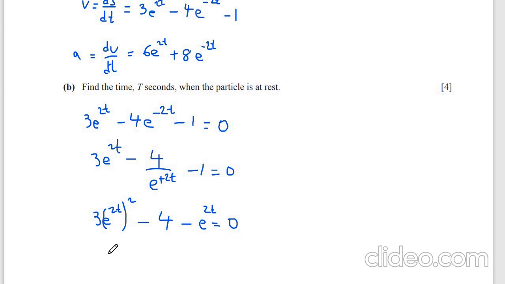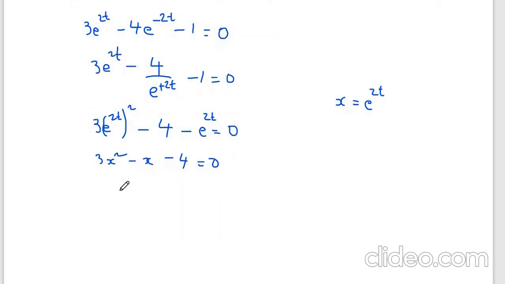So this looks like a quadratic equation. And now if we can use substitution, let's put x equal to e to the power 2t, then this becomes 3x squared minus x minus 4 equals 0. And let's try and factorize this.